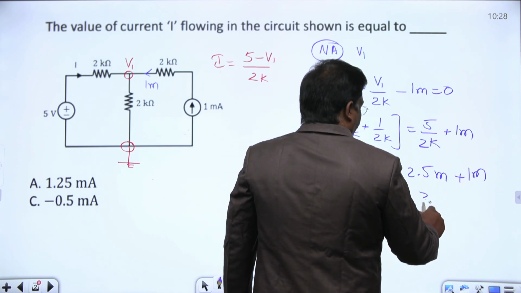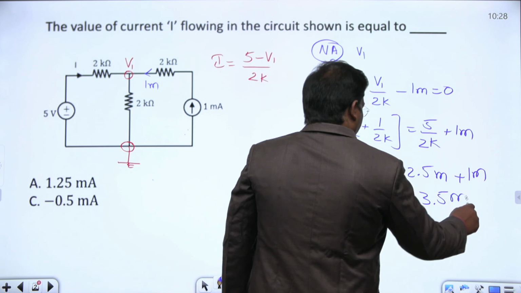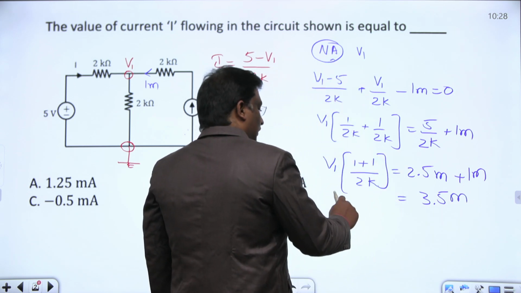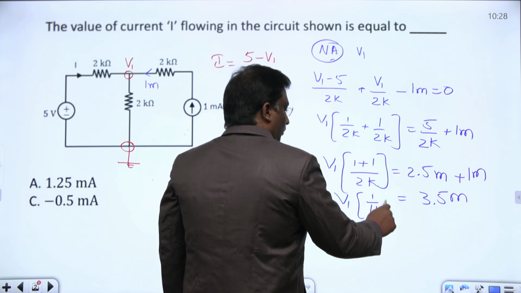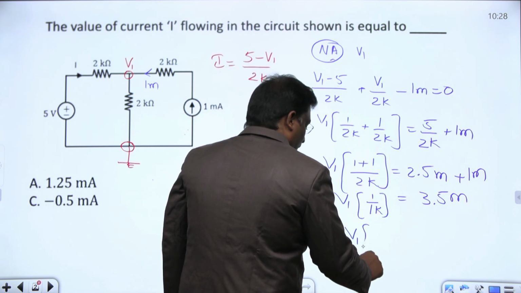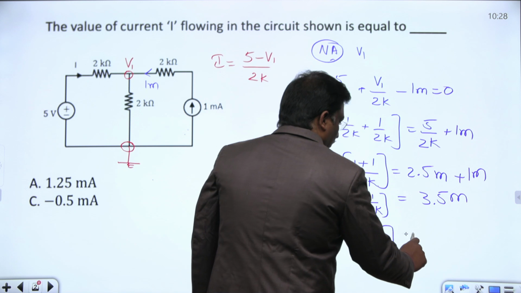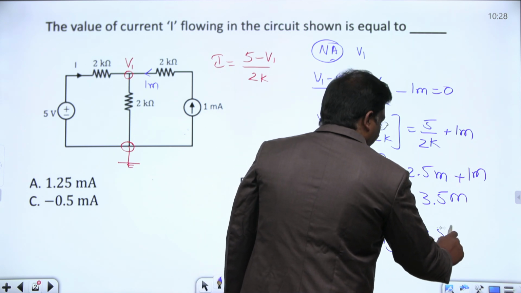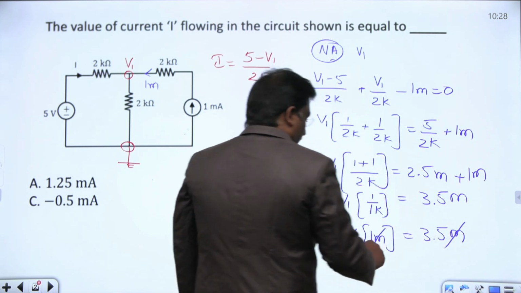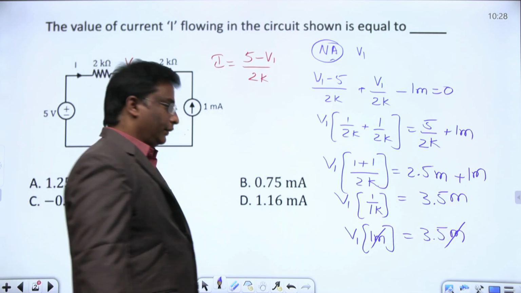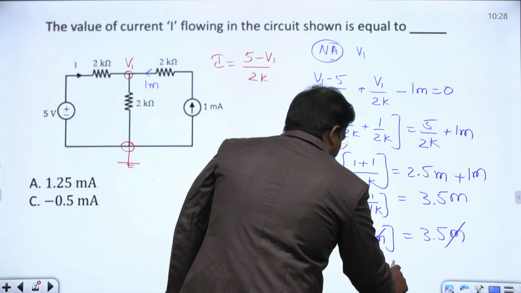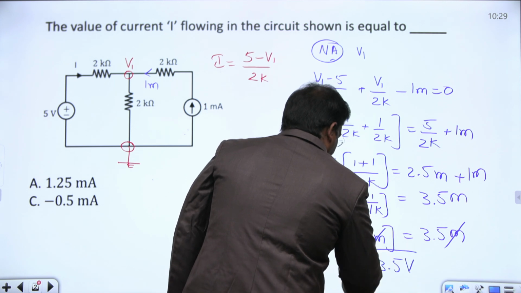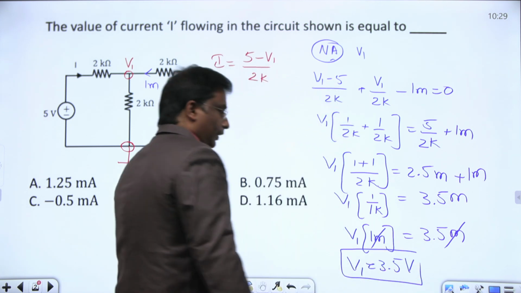This is 3.5 milli. 2 by 2 cancel. V1 into 1 by kilo is nothing but milli itself. This is V1 into 1 milli equal to 3.5 milli. Milli cancel. Then the value of V1 in this question is 3.5 volts.